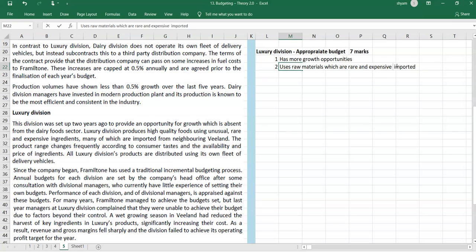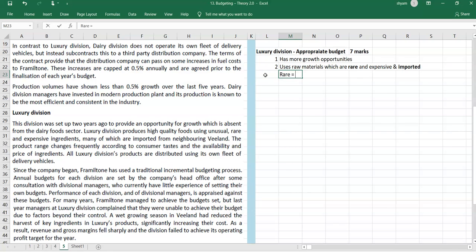So we don't need to worry about the expensiveness. What we are actually bothered about is only two things. One, it is rare, so the price can go up and down. It's also imported, so there will be currency fluctuations. So if you want, we'll mark it like that.